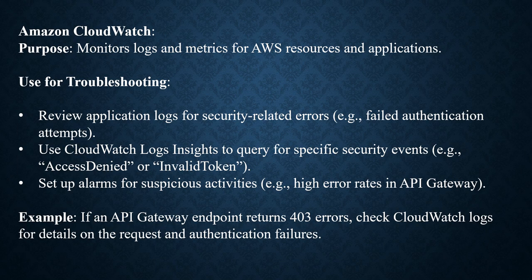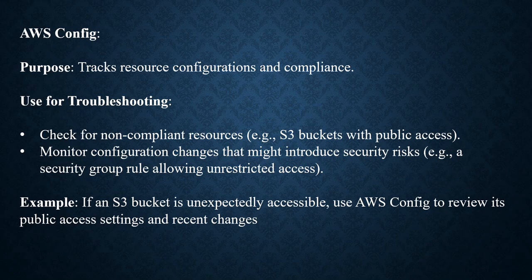Use CloudWatch Logs Insights to query for specific security events, for example, access denied or invalid token. Set up alarms for suspicious activities, for example, high error rates in API Gateway. For example, if an API Gateway endpoint returns 403 errors, check CloudWatch logs for details on the request and authentication failures.